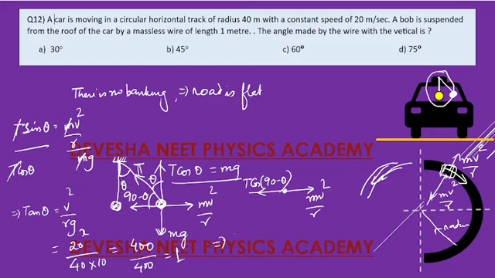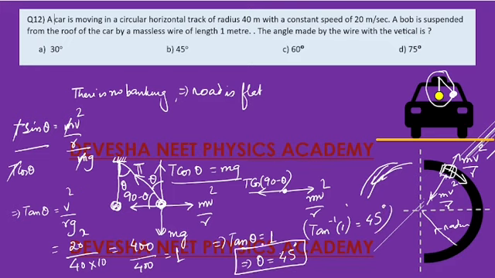It means tan theta is equal to 1, so theta is equal to 45 degrees, because we know that tan inverse 1 is equal to 45 degrees. So the angle theta is 45 degrees, and this should be the answer.